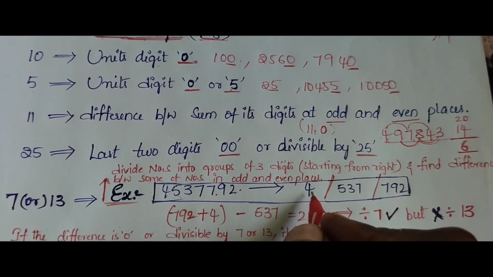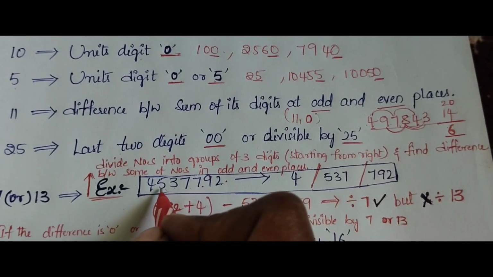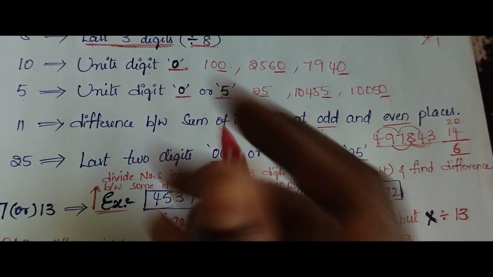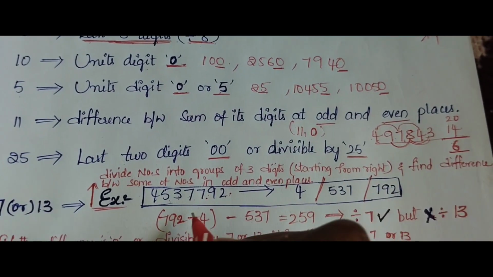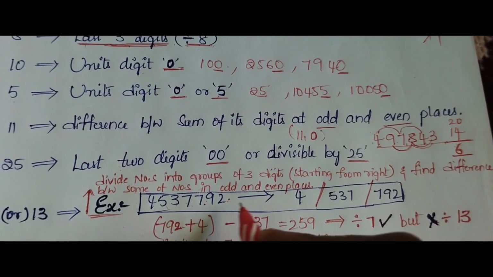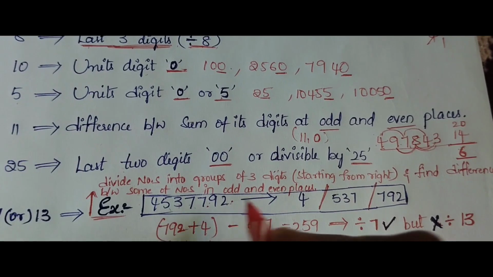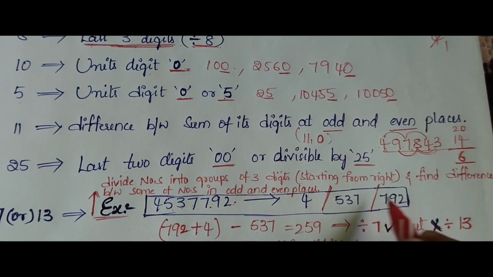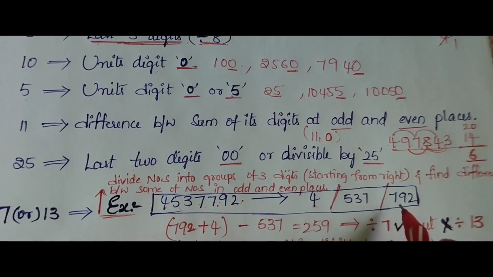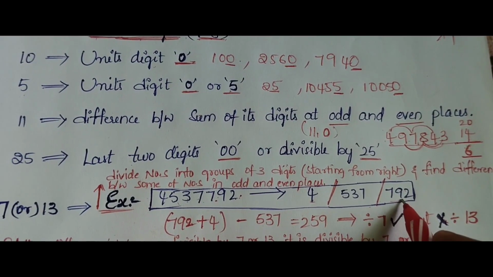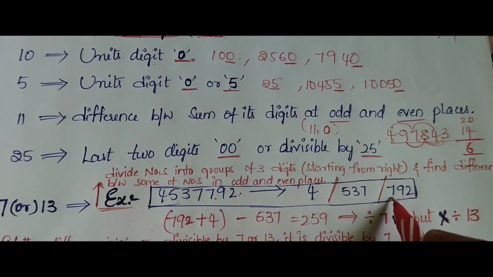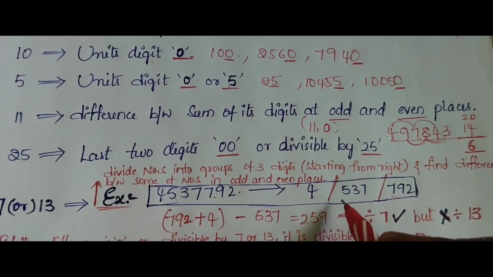Here we have an example with 7 digits in total. Divide them into groups of 3 digits from the right, and add the groups at even places and subtract them from the odd places.